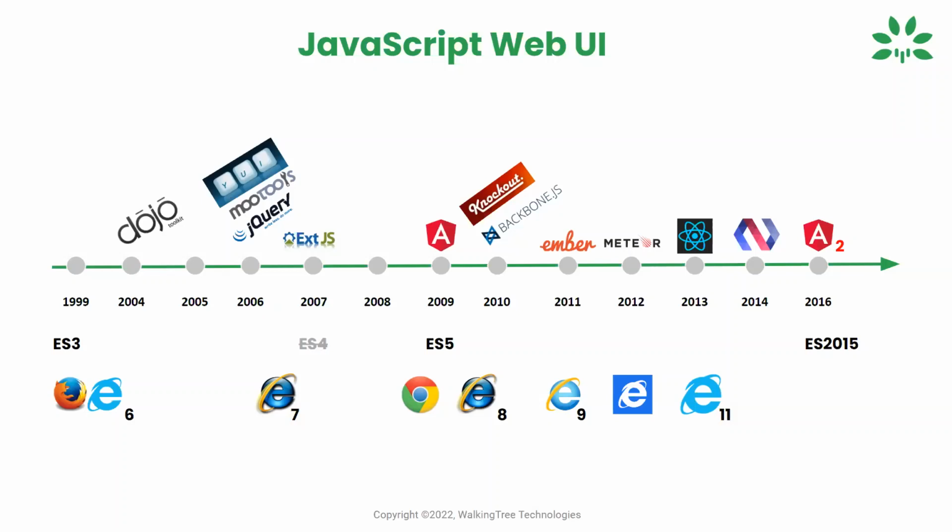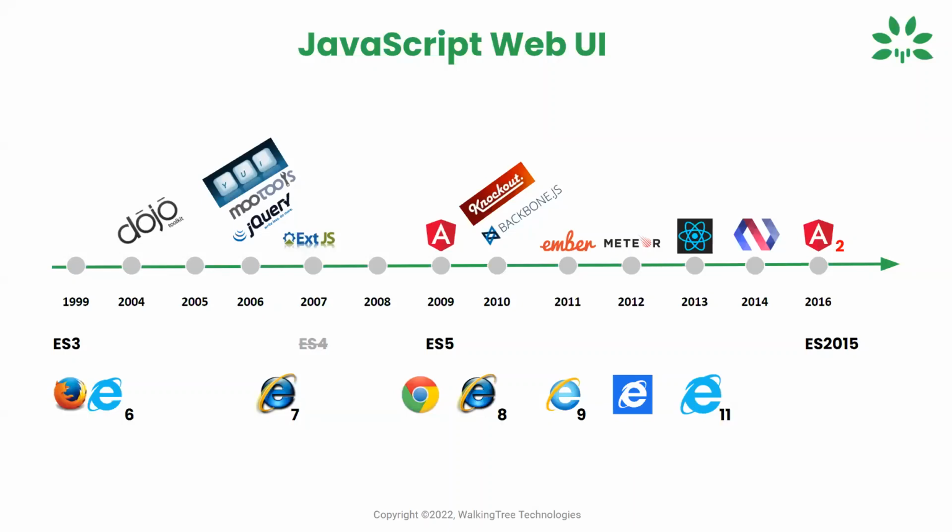And React of Facebook has also been improving day by day in terms of performance. Now the current version of ExtJS is going with the ECMA specifications of 2015. As for browsers, they started from Firefox, Internet Explorer, and then around 2009 Google came up with the Chrome browser.